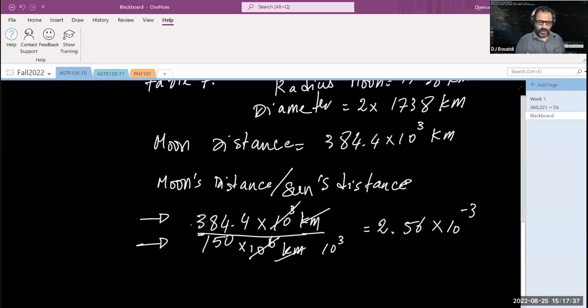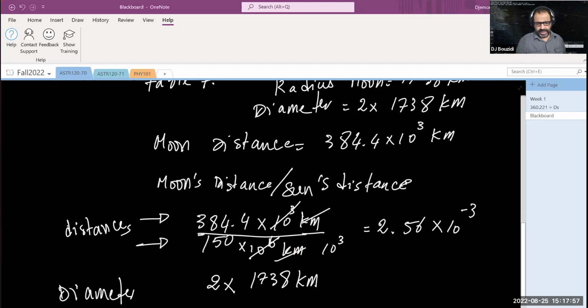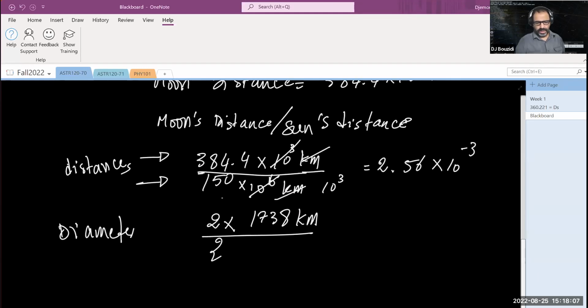Now, the other one in here is the diameter. So this is the distances. Now take the diameters. When I say the diameter, I have to multiply by 2, but that really doesn't matter. So twice the diameter of the moon, which is 2 times 1,738 kilometers, divided by the diameter of the sun, which is 2 times 150 million kilometers.